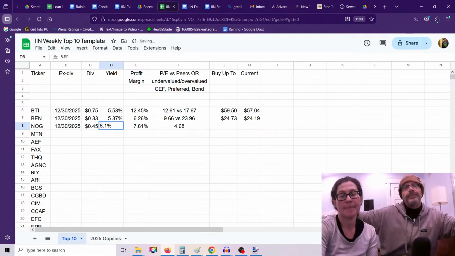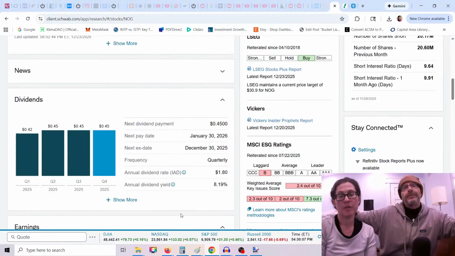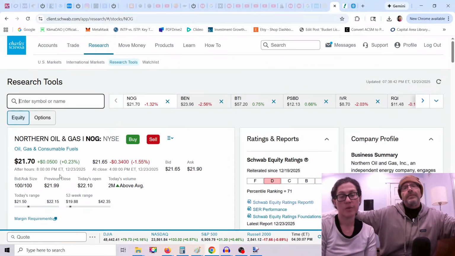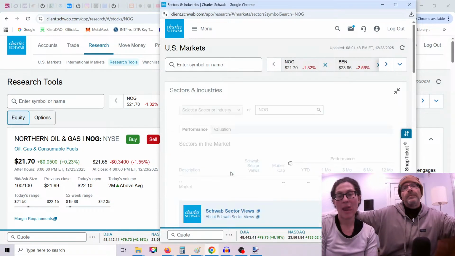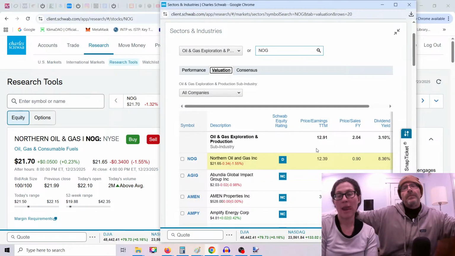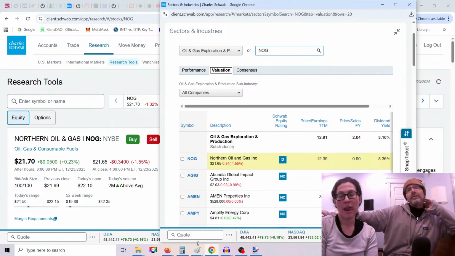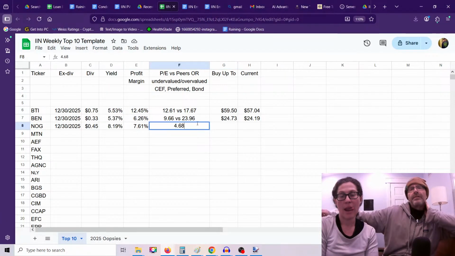8.19. Okay. I'm going to look up the sector thing in a second. So it was 21.65. $12.91. That's a pretty low PE for that sector. That's pretty good.